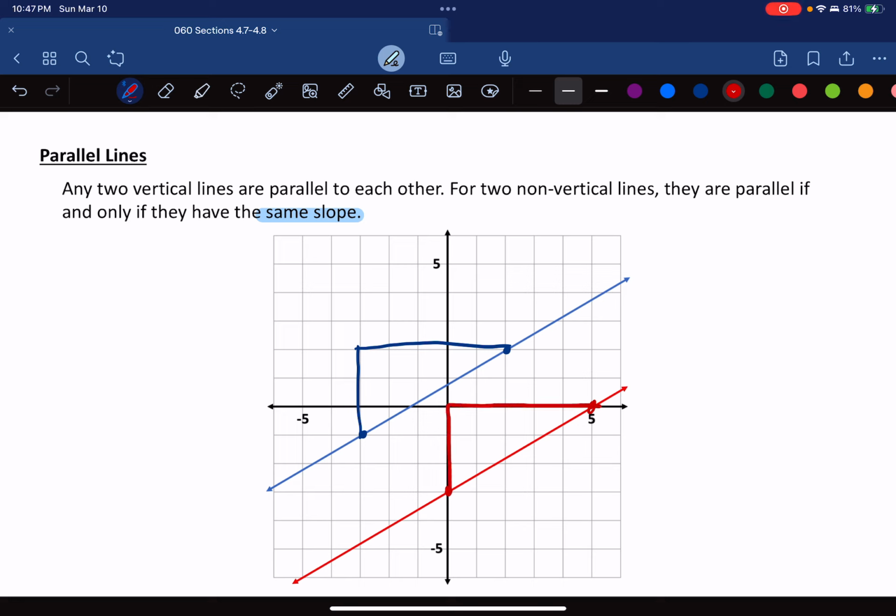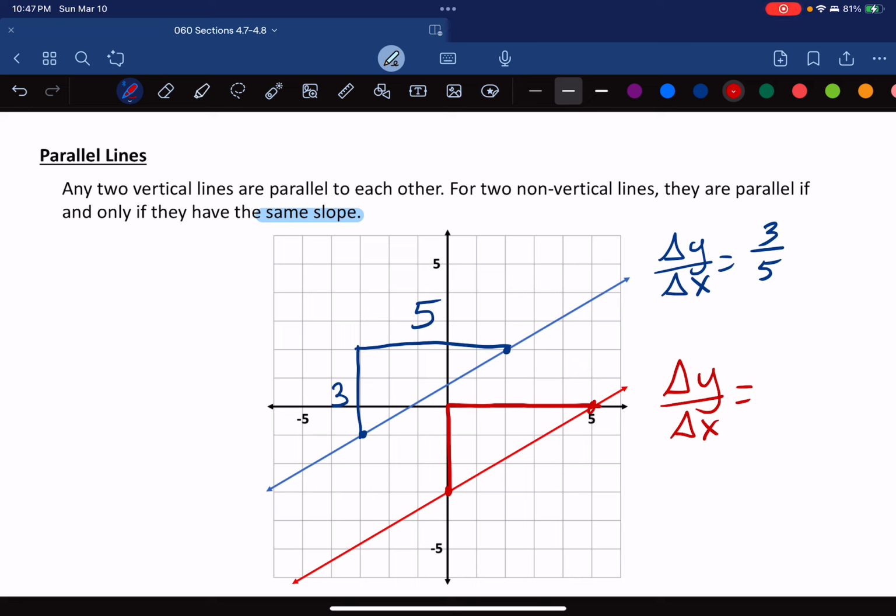So what I'm doing here is I'm creating my slope triangles so that I can quickly determine my change in y over my change in x for both my blue line and my red line. So starting with blue, looks like we're going to go up 3 and then to the right 1, 2, 3, 4, 5, making my slope 3 over 5.